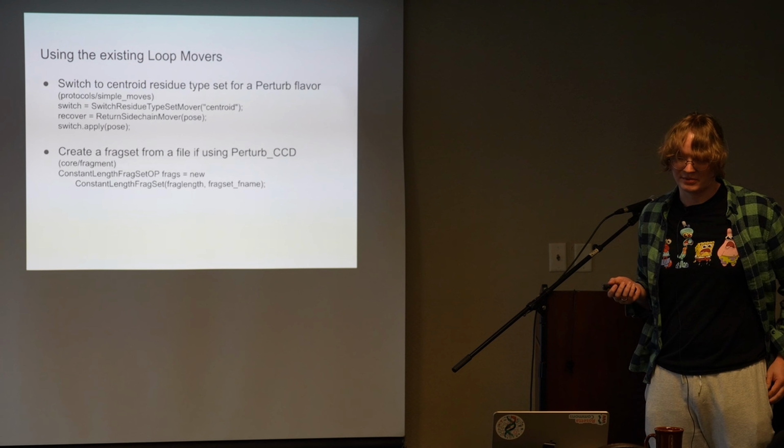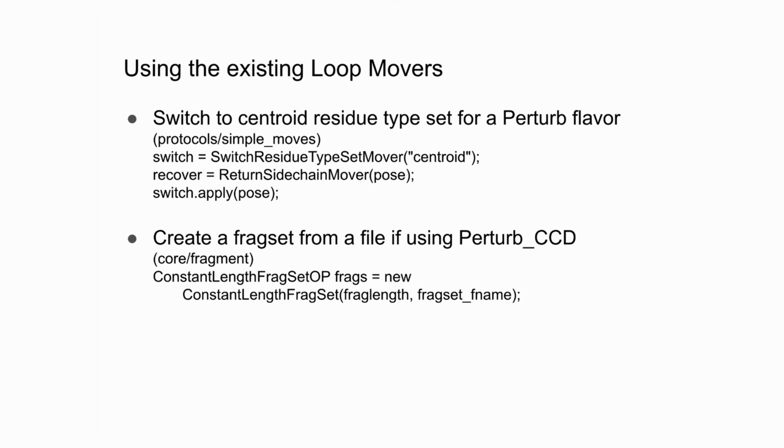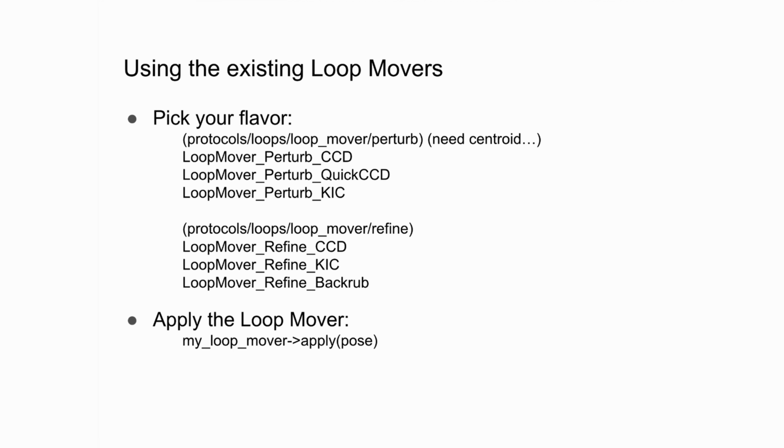So you're going to get more of a perturbation element compared to the refine. You can also create a fragment set from a file if you're using the perturbed CCD. This is just where they live, so you can see the difference here. And then just applying a loop mover, at least for the C++, you can just apply it to your pose just like this.